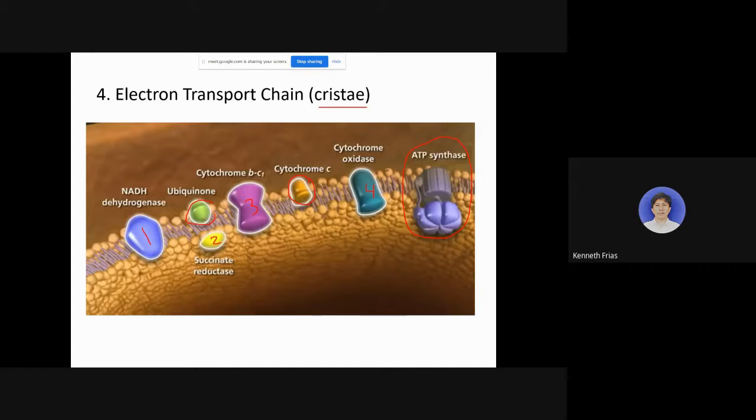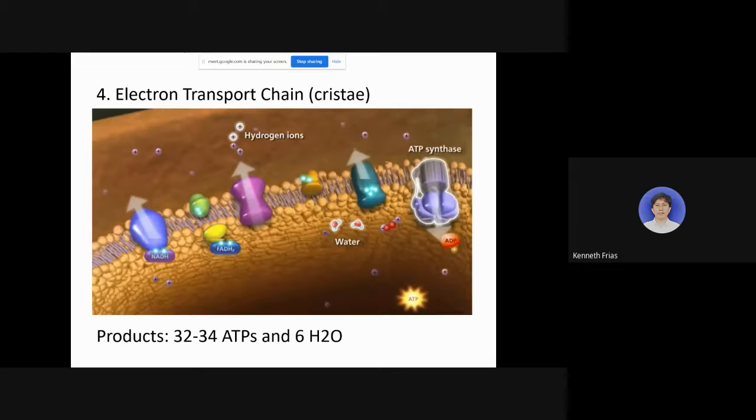Now, what's the mechanism of the electron transport chain? How does it happen? Remember, electron transport chain is a simultaneous event. There are lots of events happening at the same time. So let's try to get into it. These are the first things that will happen.